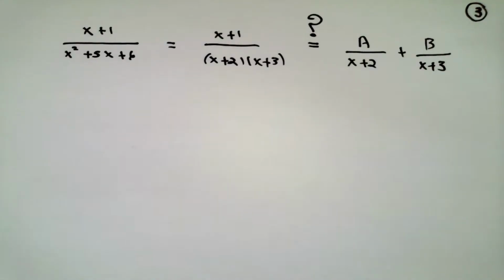For example, if you look at the fraction (x + 1) over (x² + 5x + 6), which obviously can be written as (x + 1) divided by (x + 2)(x + 3), it's possible that we can write that as a constant divided by (x + 2) plus another constant divided by (x + 3).